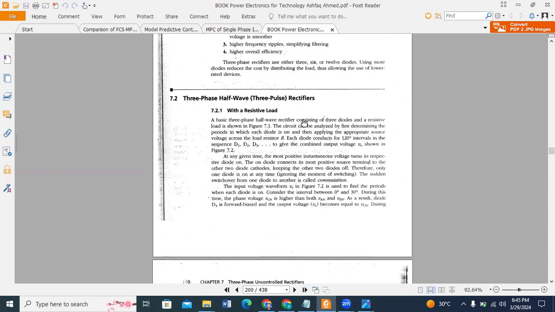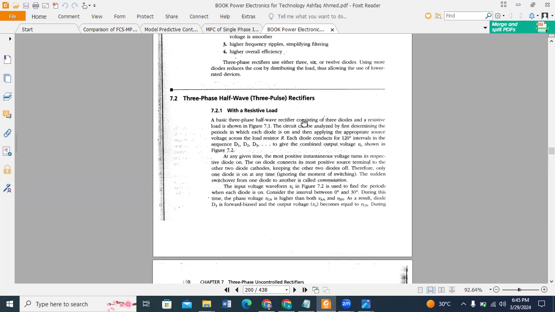Why is it called three phase three pulse? Because in each phase of the three phase it provides a half wave. So a three phase three pulse is obtained by a half wave rectifier on each one of the three phases, and from each wave of each phase we get a half pulse.